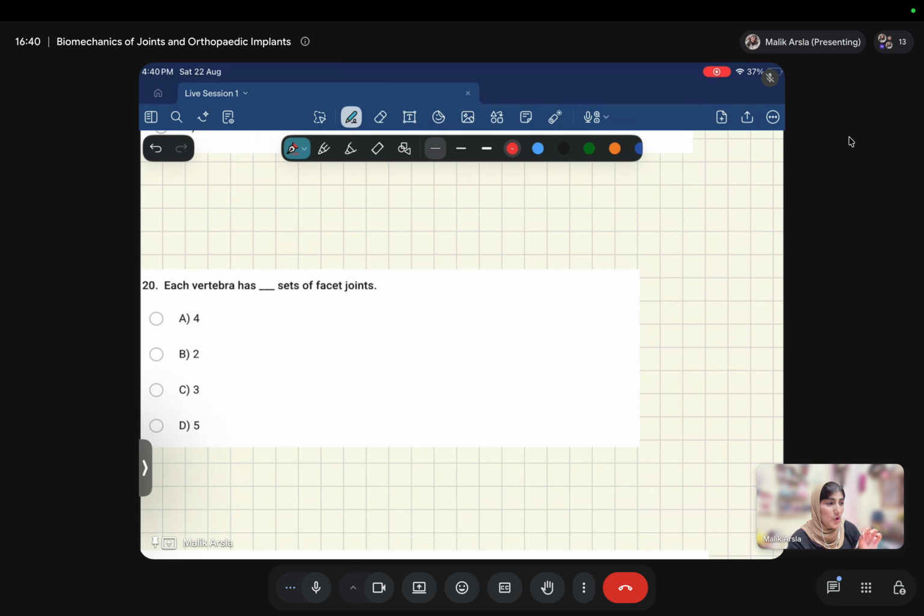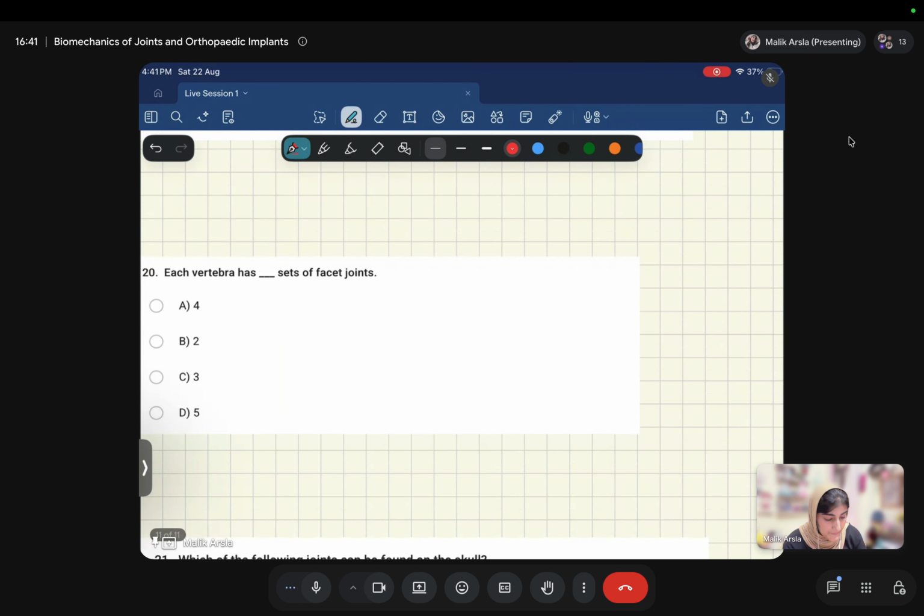So these joints, what is their nature? These are also synovial joints, and they connect each vertebra with two other vertebrae. Okay, so each vertebra has two sets of facet joints.